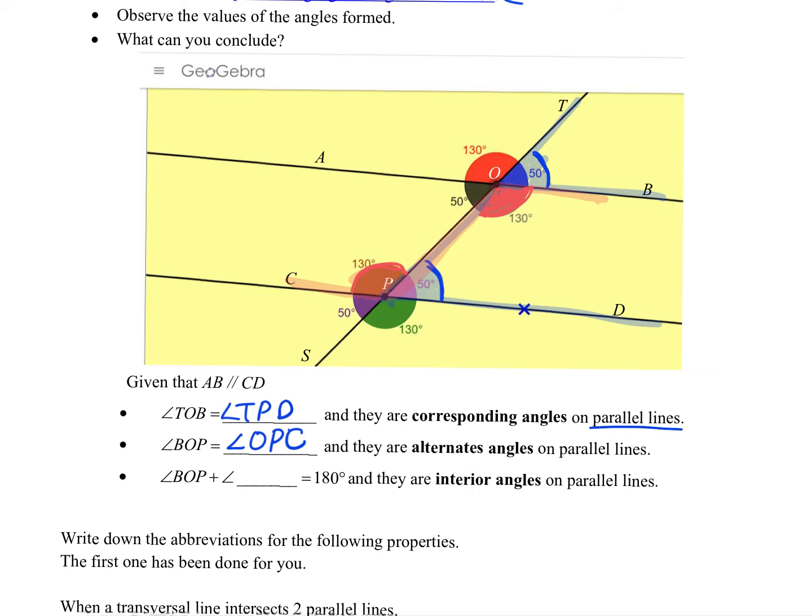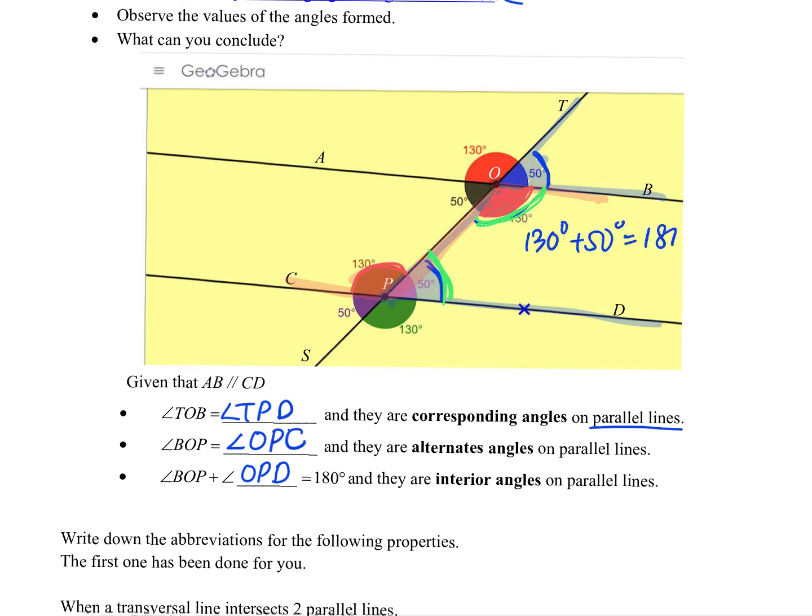Next one is also easy to observe: angle BOP, this 130 degrees, and if you notice the angle over here, OPD, these two angles, one is 130 degrees, the other one is 50 degrees.